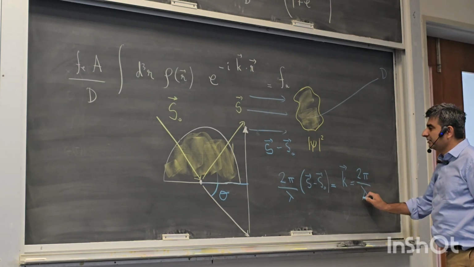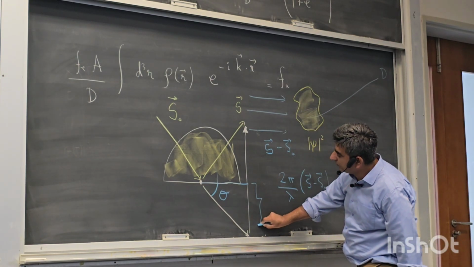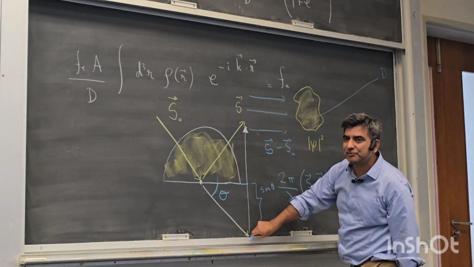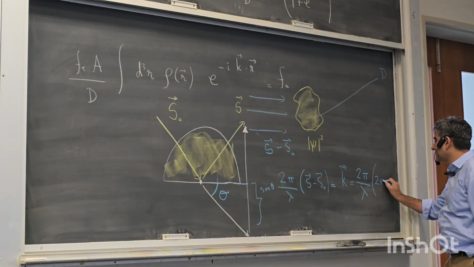From this geometry, this is theta, and since S naught is a unit vector, this is sine theta. So the magnitude of S minus S naught is 2 sine theta.